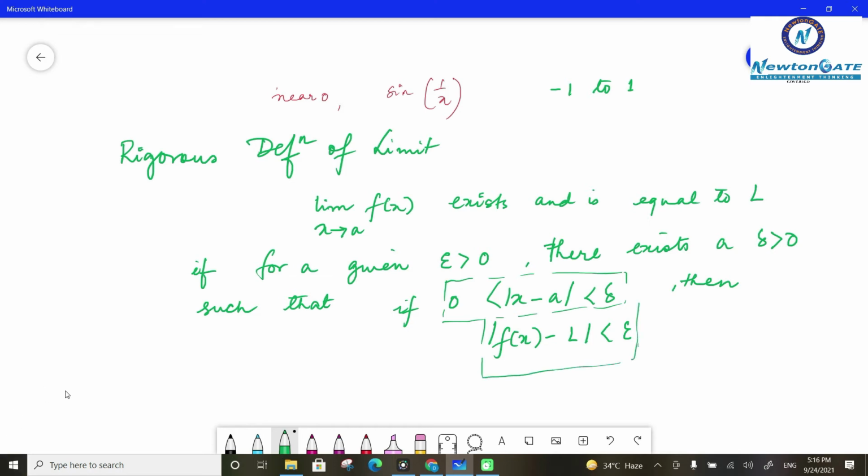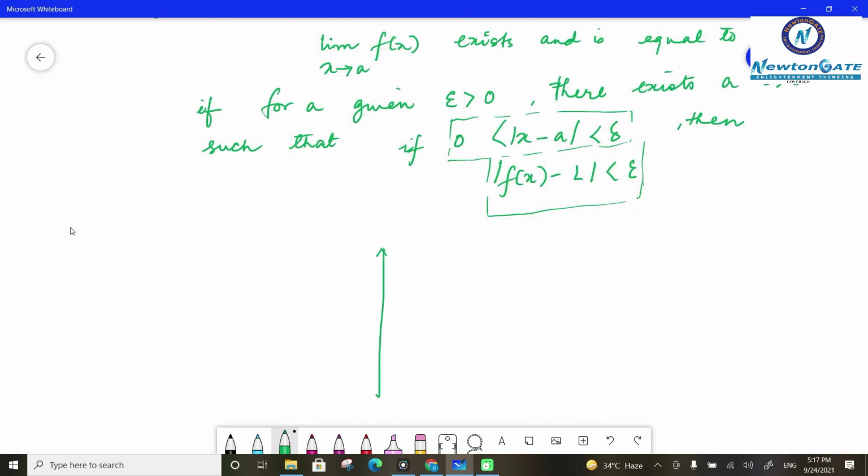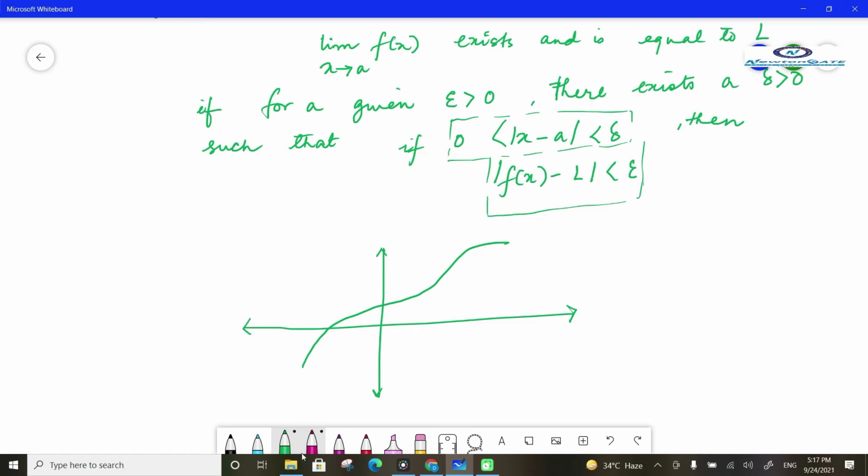So let me draw a graph and write it down. Suppose this is the function, this is the point a, and I am considering a very close neighborhood near a.